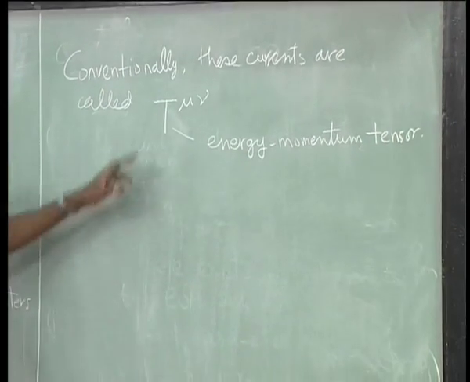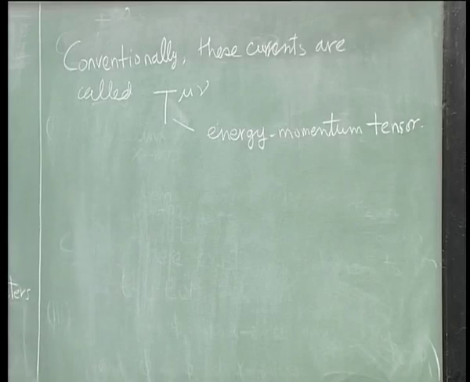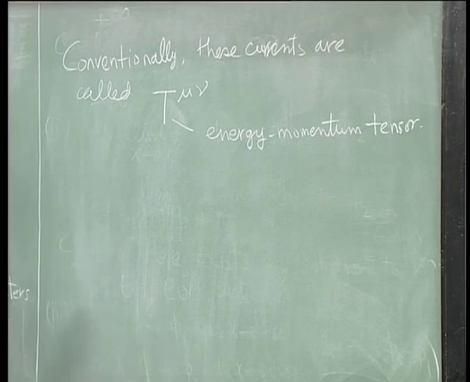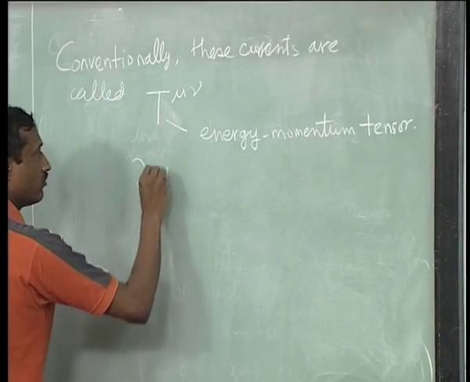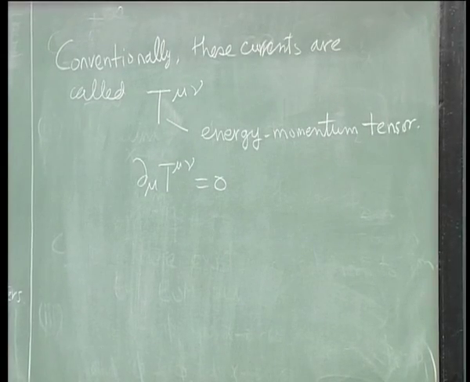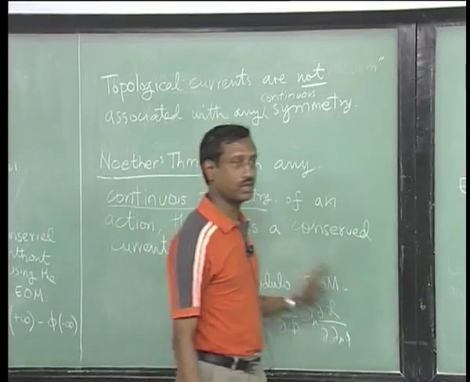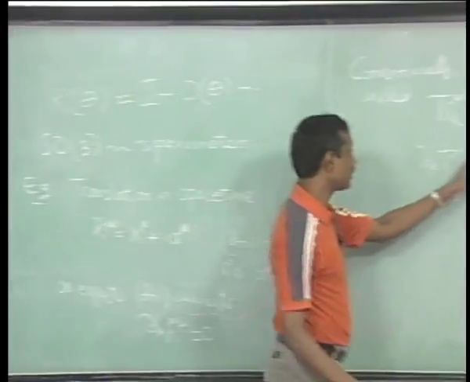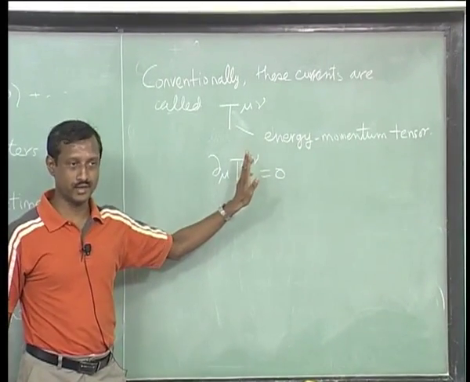As things stand, mu and nu are distinct indices, they have no relation. So all this says is that d mu of T mu nu equal to 0. This is the statement you get if you just take Noether's theorem. It does not tell you anything about the nu index.